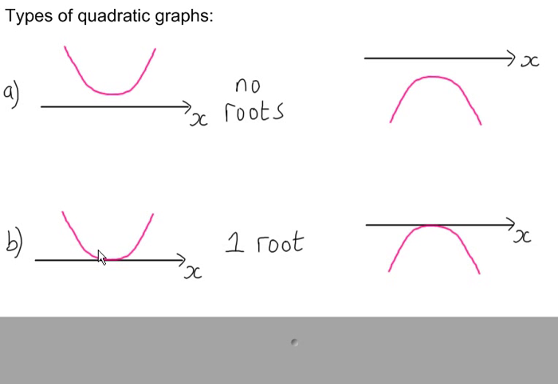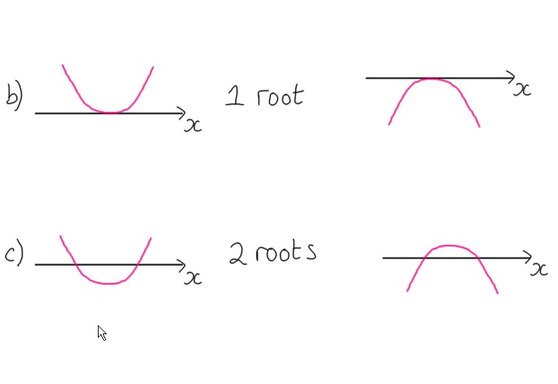Here we can see the curve is just touching the x-axis here. There's one root. The same thing's true here. And here we have two distinct roots. So both of them are different. I'm calling them distinct roots because sometimes for this case here we call these repeated roots, but it's the same root twice.